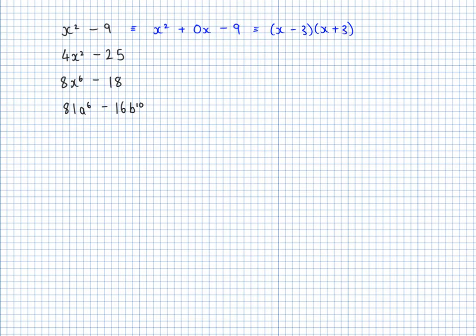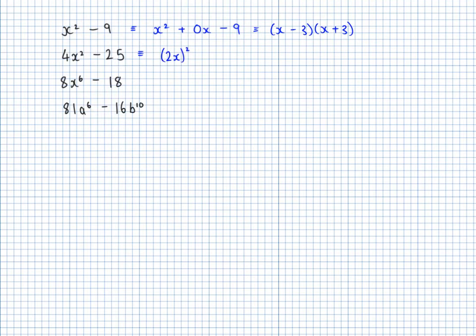So what we can see is we need to think of how to think of this part here as a square, and this part here as a square, because I've got a subtraction between them. I have a difference of squares here. Now 4x squared can be rewritten as 2x in brackets squared.